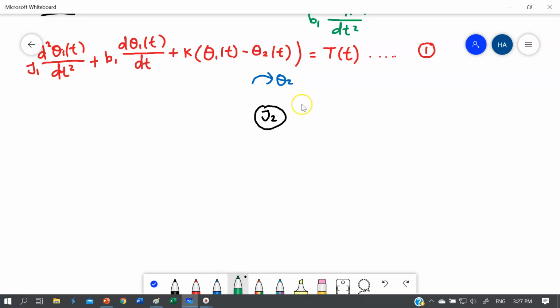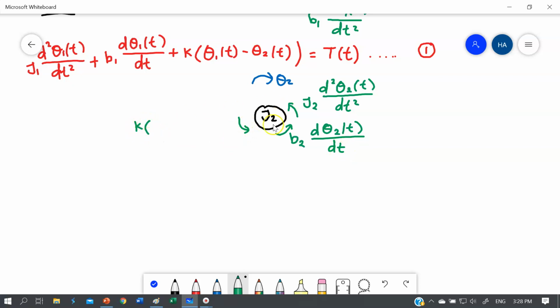This time there's no input torque, so I will have the reaction torques: one due to the inertia, another reaction torque due to the damper, and a reaction torque due to K. This time we are modeling J2. So we will have theta 2 minus theta 1.